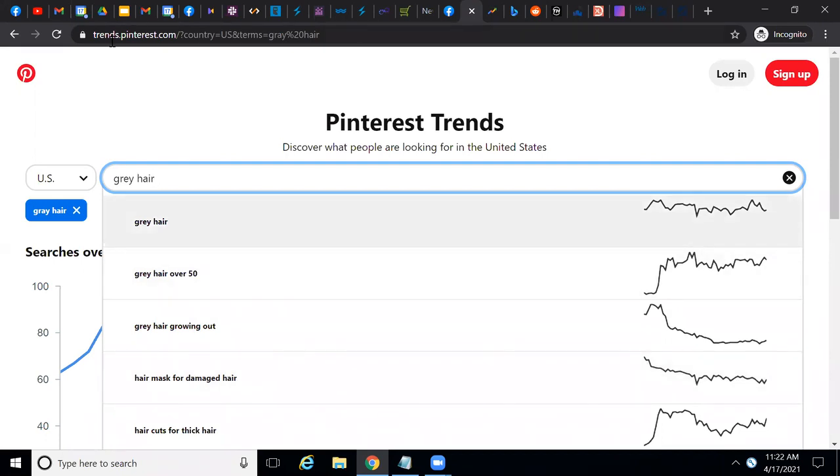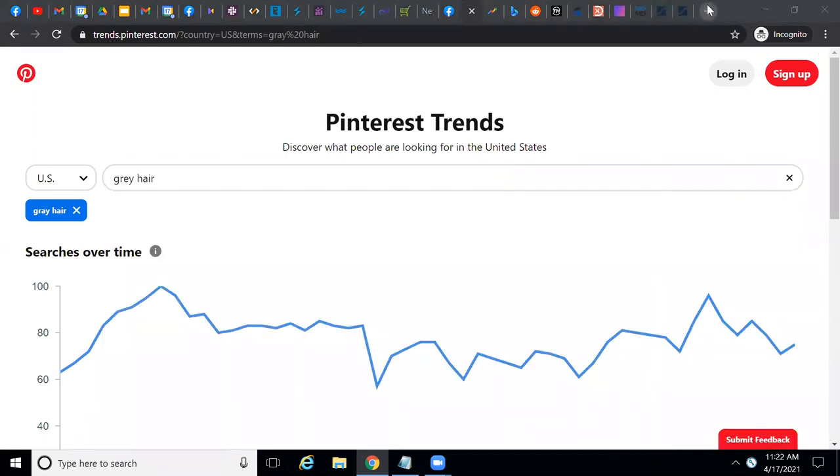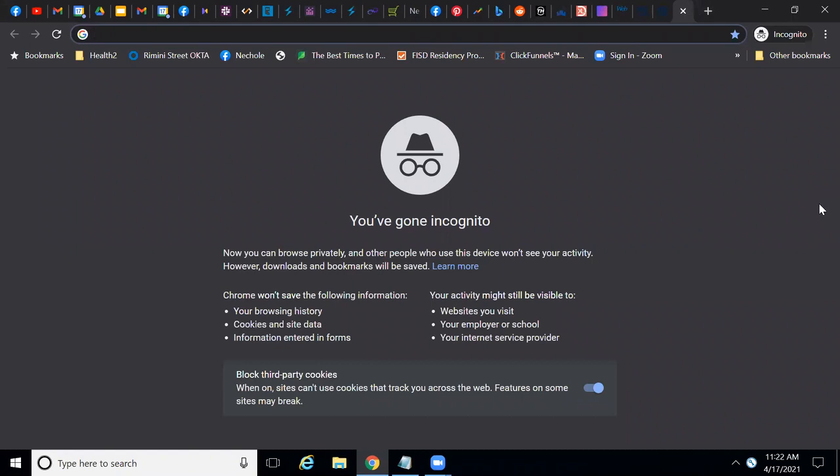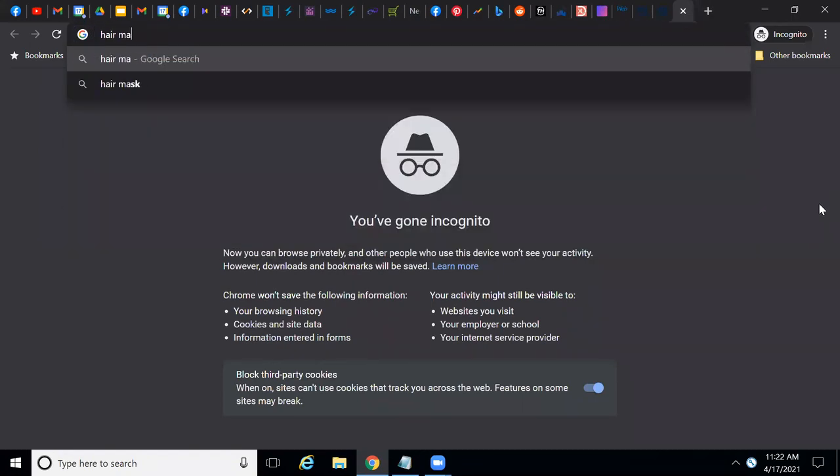Let's see if that exists. Now I may have a product opportunity. So hair mask, gray, spell gray this way, hair.